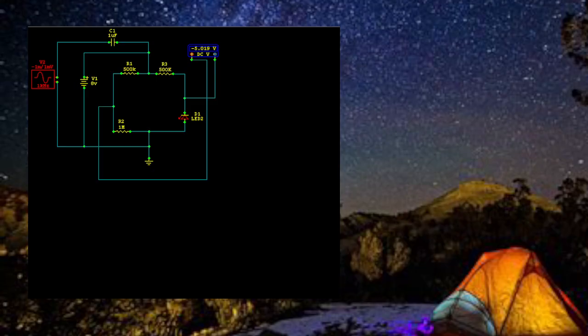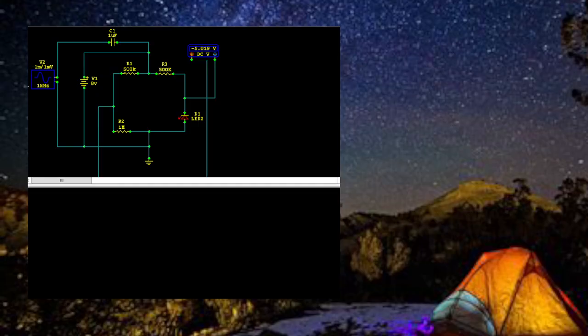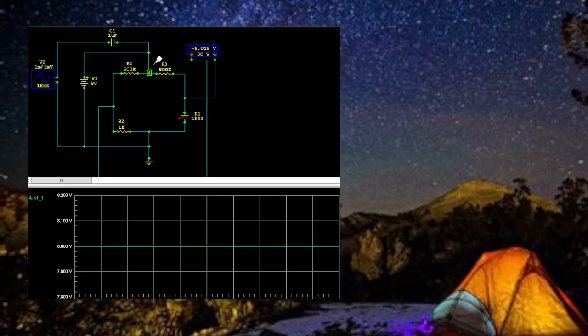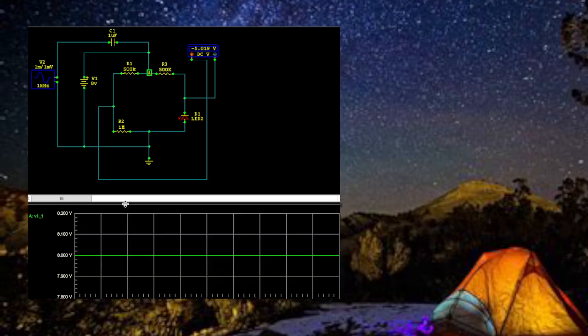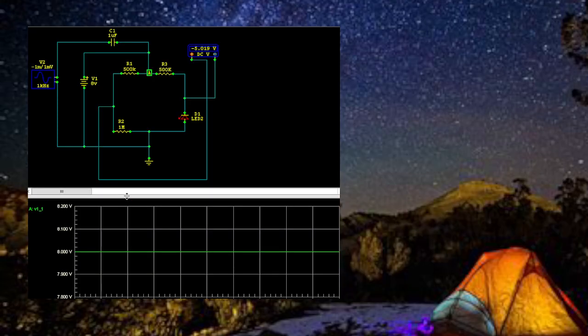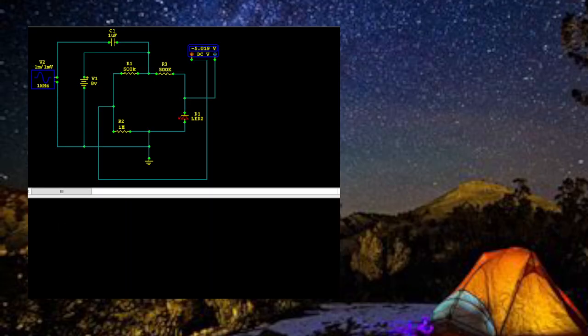We have to save it. Let's see if it works. Okay, we've got 8 volts. That's DC, but where's my scope? It's not there. Oh, it's down here at the bottom.